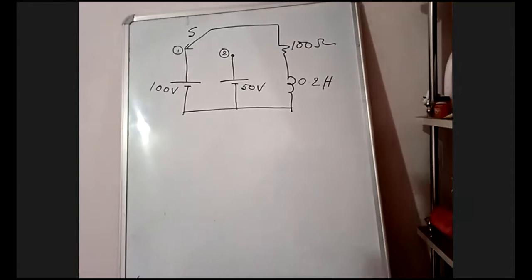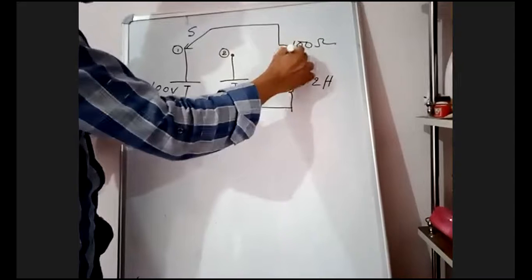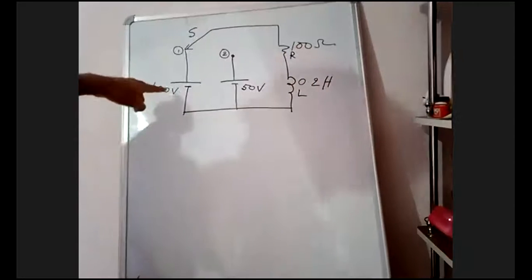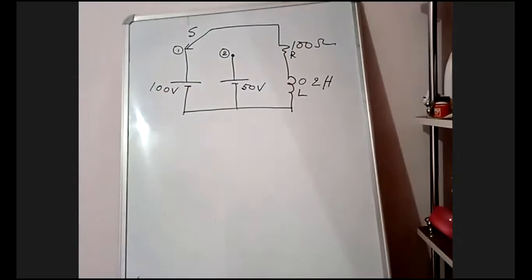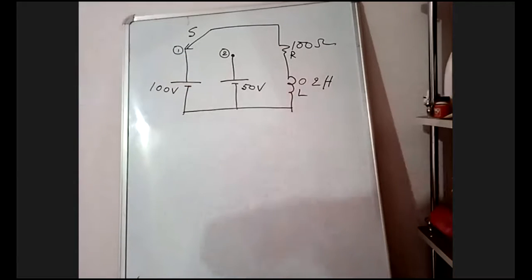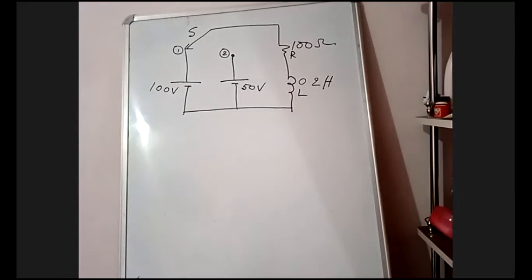So this is a series RL circuit that is connected to 100 volts. There are two positions here, position 1 and position 2. In the first case, he is asking to determine the current when the switch is in position 1.